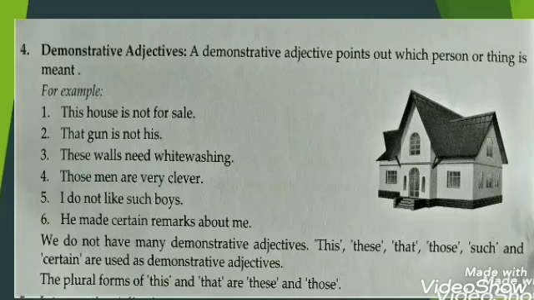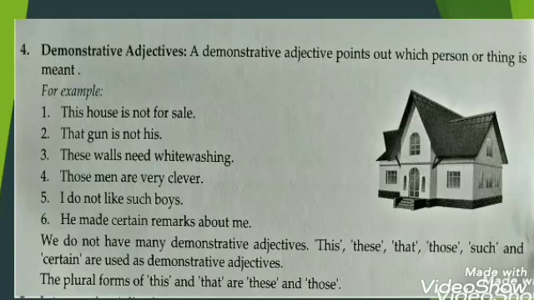Demonstrative adjectives tell us whether an object is near or far from the speaker. Like we use this or these for the objects which are near, and we use that and those for the objects which are far.